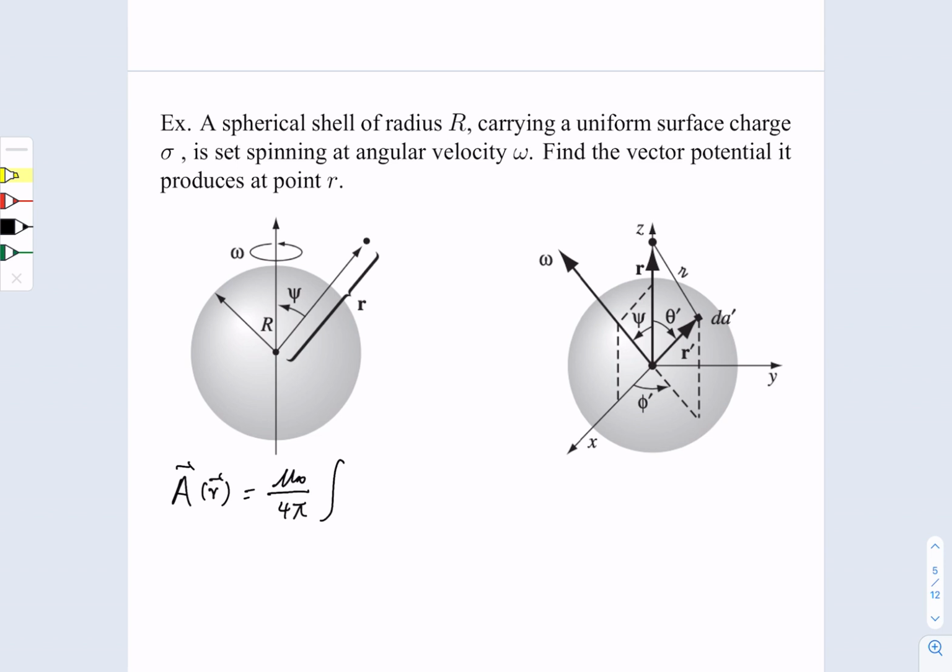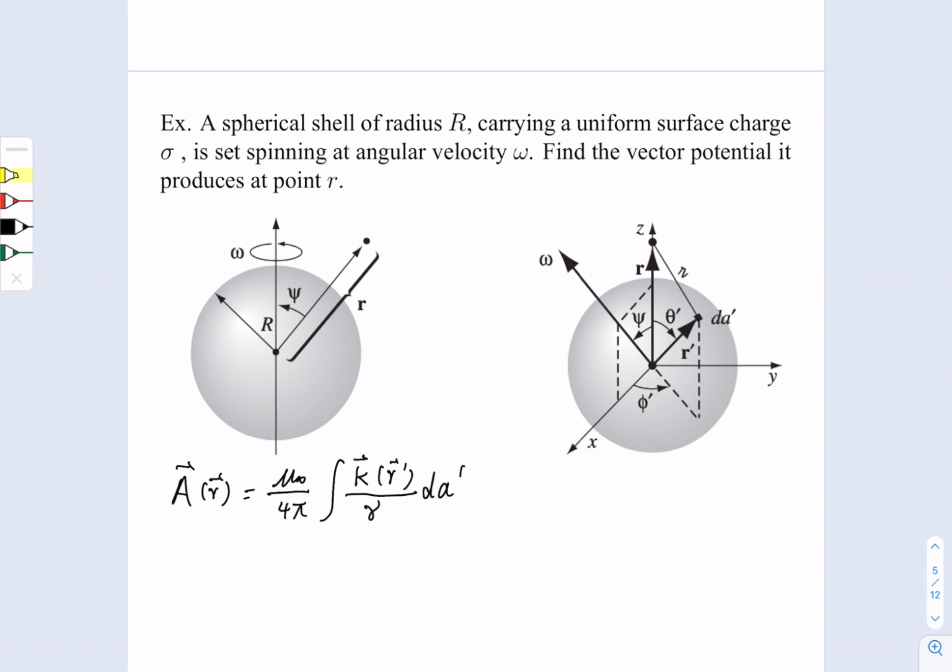So instead of writing the three-dimensional volume current, we instead write down the formula in terms of the surface current here. In principle, from this expression we can obtain the vector potential, and the problem is to consider a rotating spherical shell.